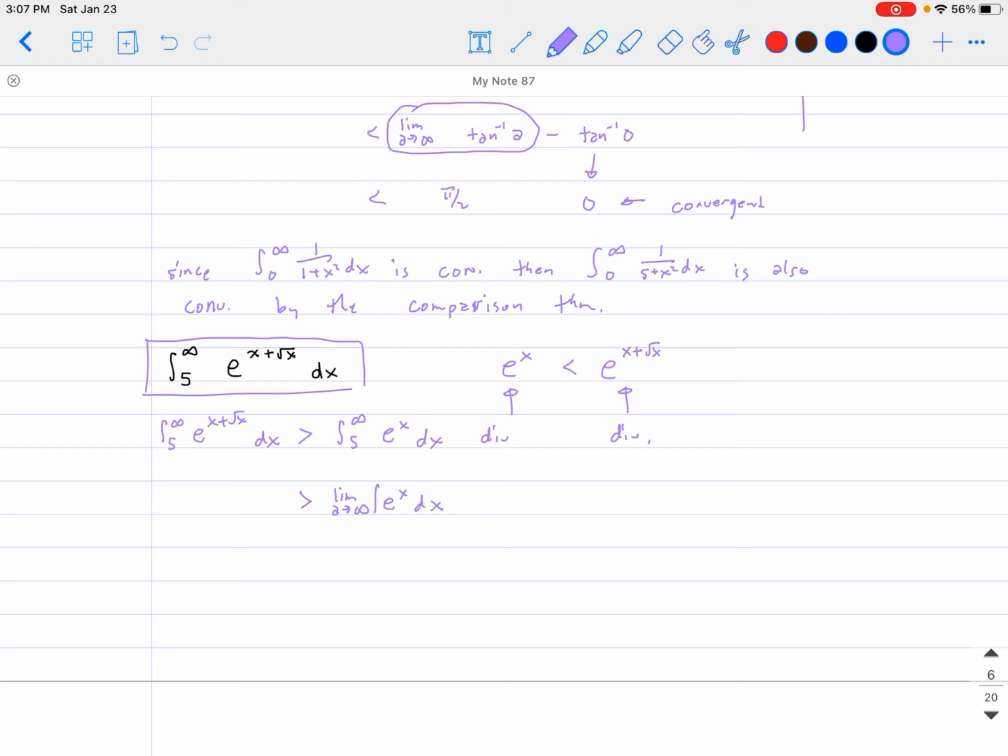The antiderivative is just e to the x, with boundary from 5 to a. That gives me the limit as a approaches infinity of e to the a minus e to the 5th power. And that right there, as we just said, is going to be infinity minus e to the 5, so therefore it is divergent.